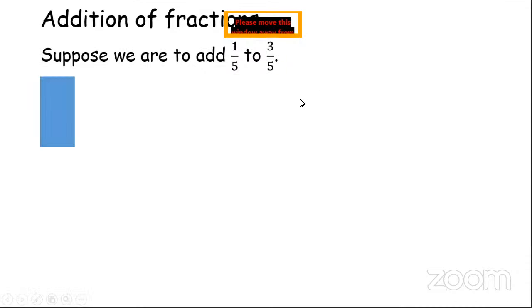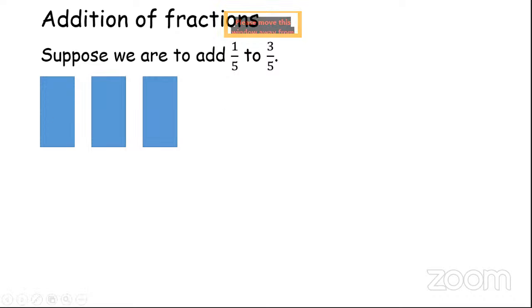Now, me, I would have my 5 pieces, maybe if I would call this a rectangle. So 5 of them, okay?